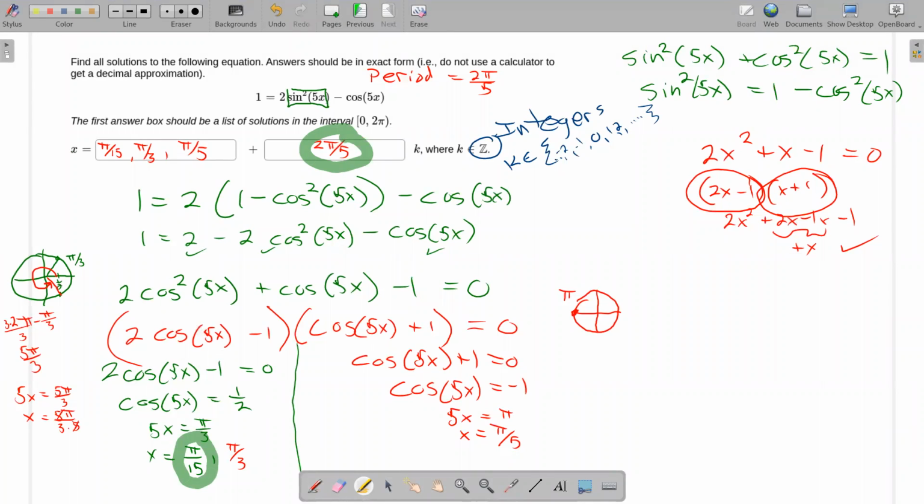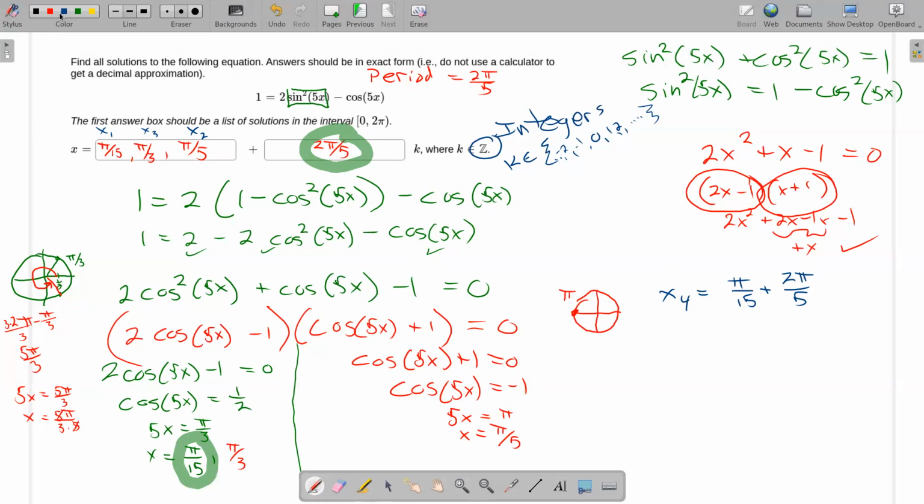So according to the graph, I would call this one right here x1. This one in order would be x2. And this one would be x3. And all other solutions, you just add the period to get the next one. So my claim is x4 is the first basic one, pi over 15, plus 1 period, 2 pi over 5.